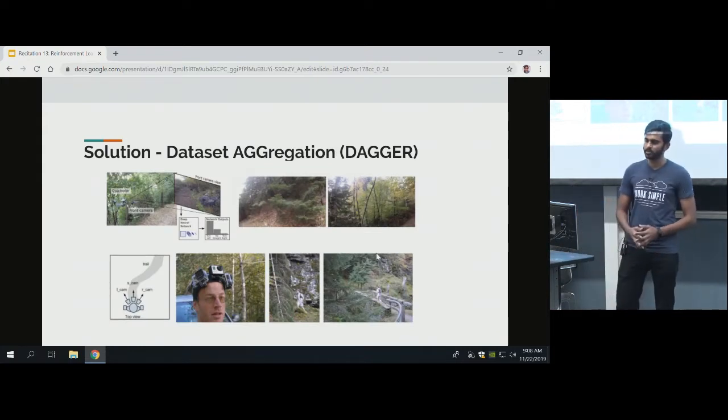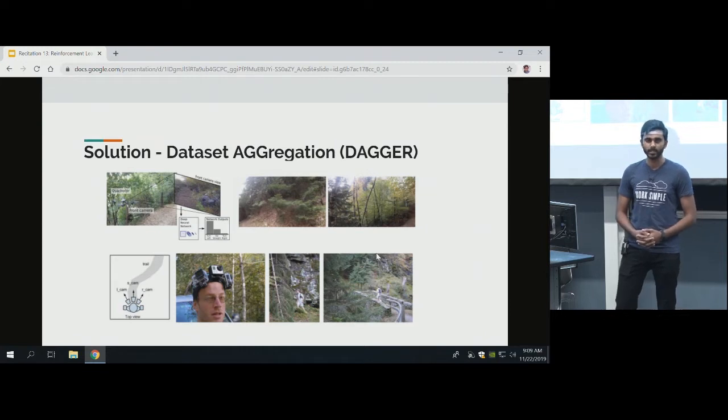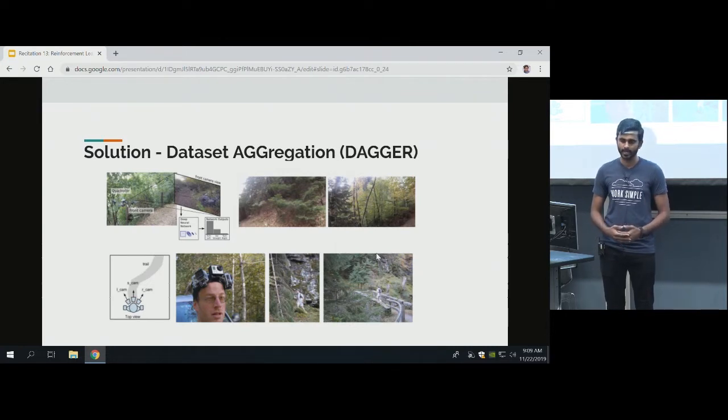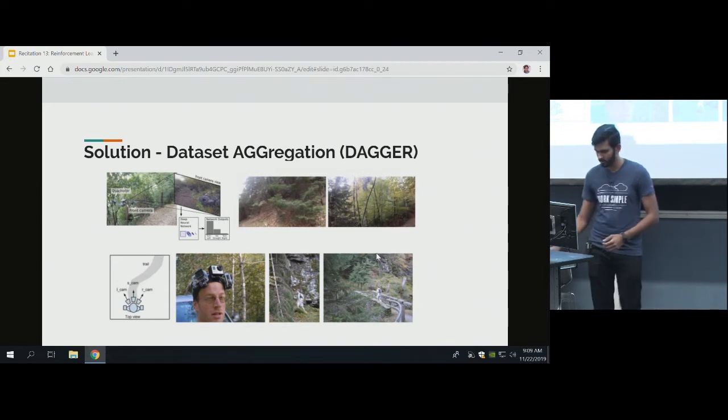So one solution to that kind of a problem is dataset aggregation, where you play out these actions, you collect the experience, and you have an expert look at it and tell you that this is where the model is going wrong, and suggest corrective actions so that the model can learn from the expert experience again.